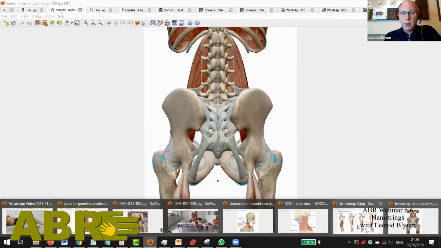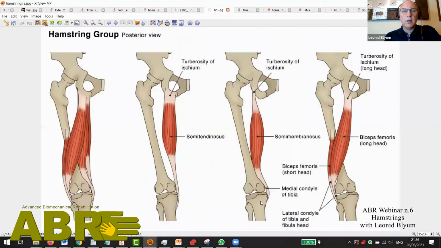So for this, let's get into this picture, which I really quite like, because it gives us several components of this muscle illustrated very clearly. So what do you see? You're seeing that each of those is attached at the sitting bone. All of them, right?